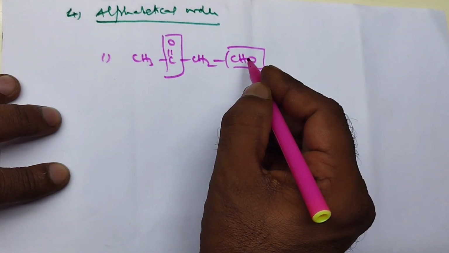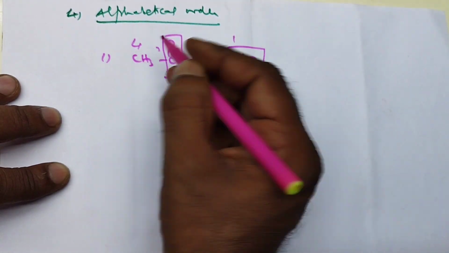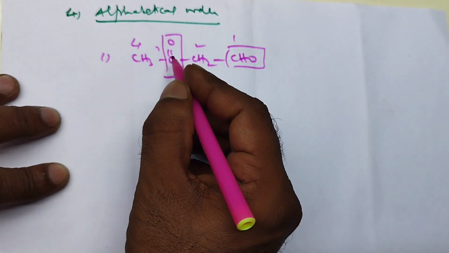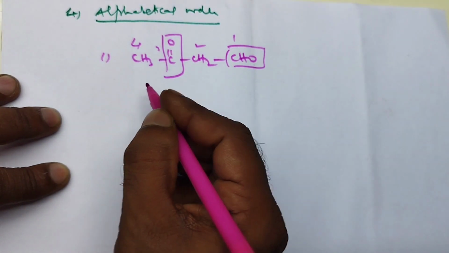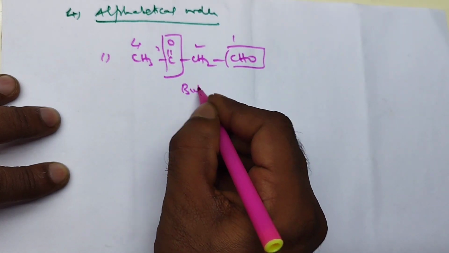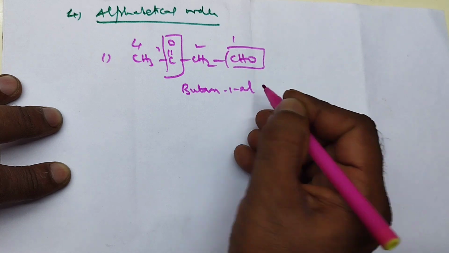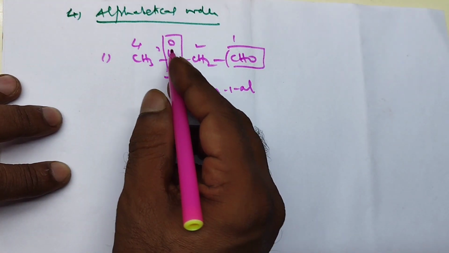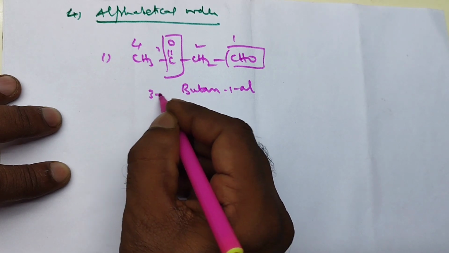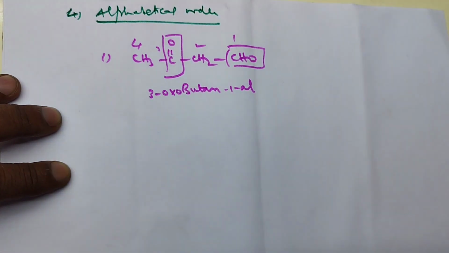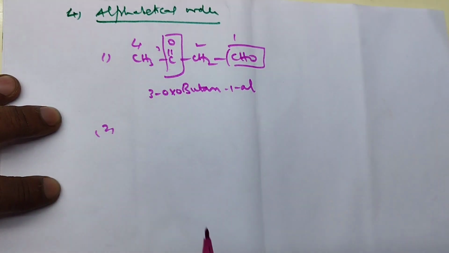The preference is always given to the aldehyde. So number 1, 2, 3, 4. The ketone will be the substituent. The name ends with the principal functional group: four carbons means butane, and the aldehyde is 1-al. The substituent is attached at the third position, and the prefix for this functional group is oxo. So 3-oxobutan-1-al. We will take another compound.